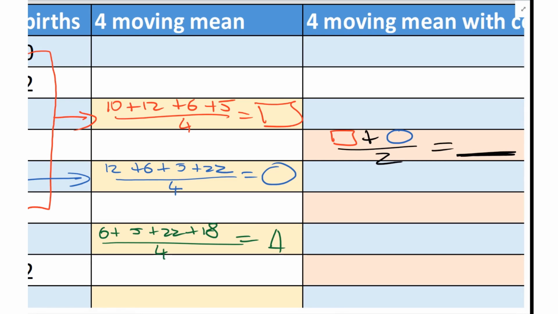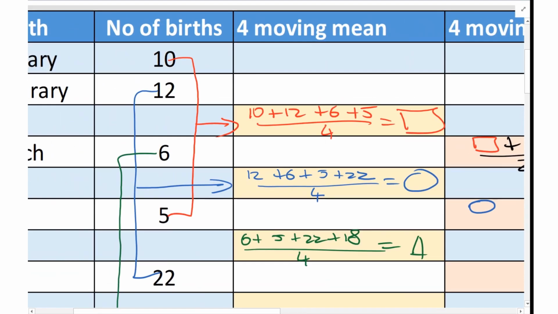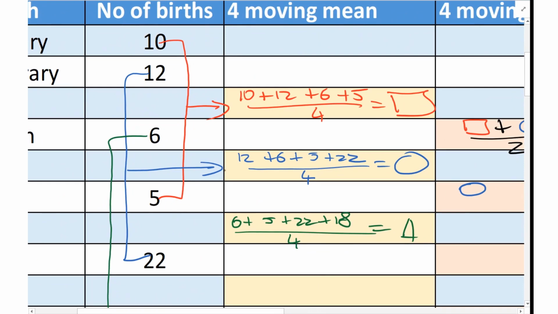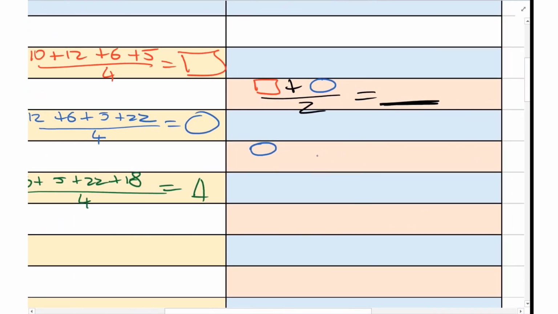When I go back here, for the next one I'm going to have essentially that circle, because that's what corresponds to this value here. Keeping with my colors, it's going to be that divided by 2 equals another value there.